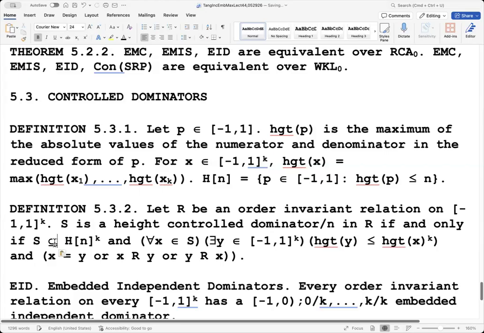If and only if S is contained in H of n to the k, and for every x in S, there is a y... Okay, so this is completely screwed up.